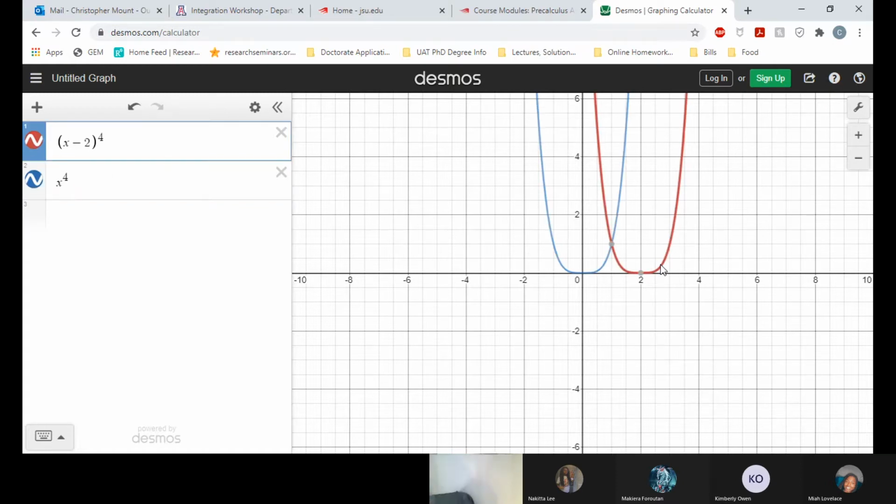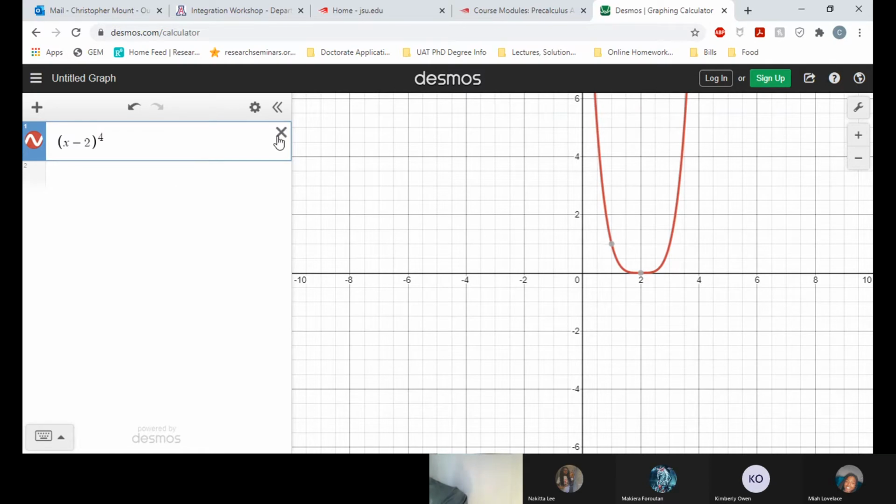If you recall from section 2.6, transformations of functions, subtracting inside the function means you shift to the right. And that's exactly what's happening here. This base graph of x to the 4th was shifted to the right by 2 to get this graph. Anyways, that's not really the point of this part of the lecture, though.